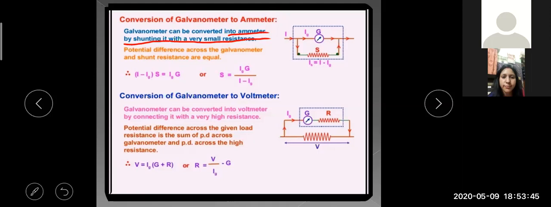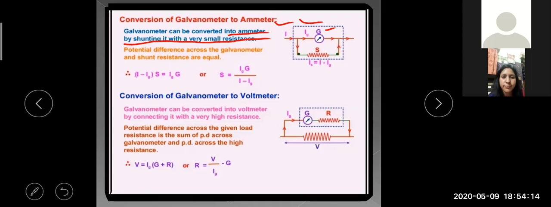Now suppose a galvanometer of resistance G is connected in the ammeter. This galvanometer of resistance G shows full scale deflection for a current IG passing through it. Let I be the current as shown in this figure. I is very large compared to IG.